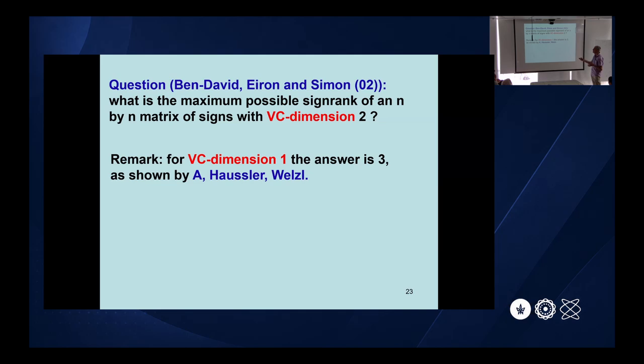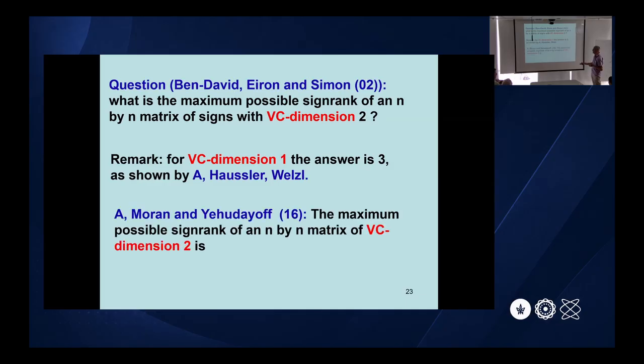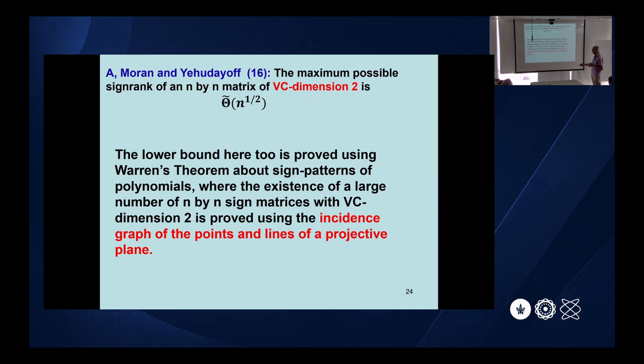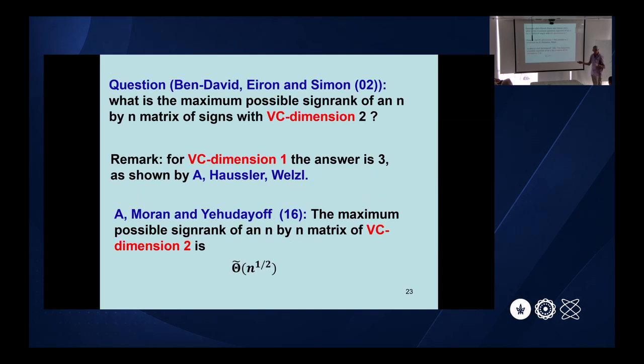I wrote here that for VC dimension 1, the answer is 3, but we will be interested in bigger VC dimension. And here is something that we proved some 10 years ago with Shay Moran and Amir Yehudayoff: the maximum possible sign rank of an n by n matrix of VC dimension 2 is, up to logarithmic terms, square root of n.